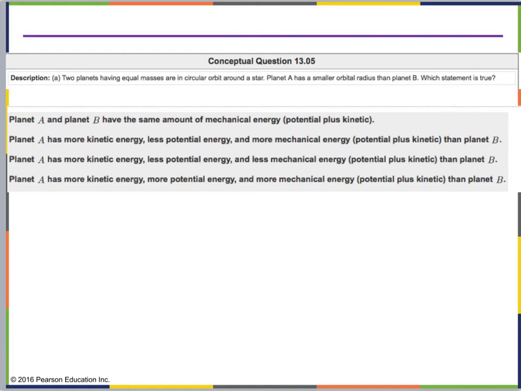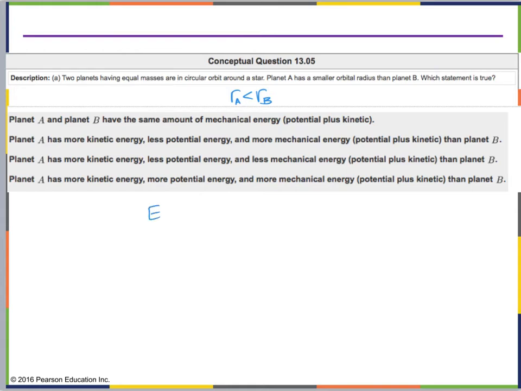Okay, so again, here we have a question about 2 planets of equal mass in circular orbit around a star, and one of the planets has a smaller radius than the other planet. So the radius of A is less than the radius of B. I'm going to use a lot of the same expressions that I used in question 13.7, the one before, the second question we went through.